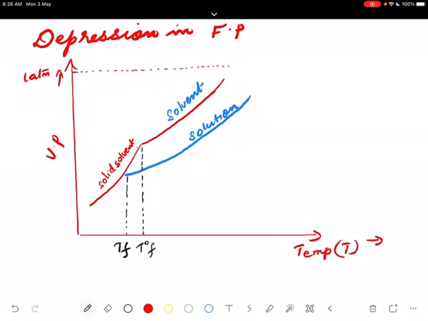T naught F is greater. So what is the difference? That is T naught F minus TF.